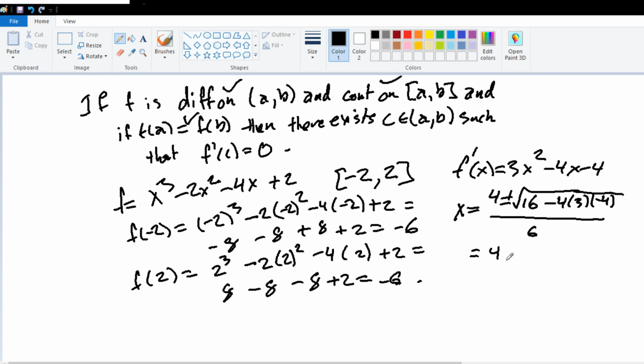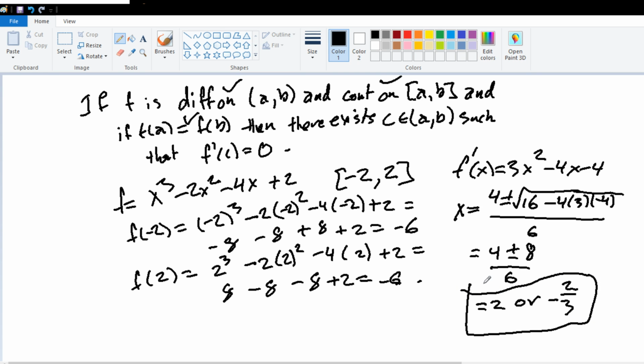Well, this is 4 plus or minus, so we get 4 times 3 is 12, times 4 again is 48, the two negatives cancel, 48 plus 16 is 64, square root of 64 is 8 over 6, so we get 4 plus 8 over 6 is 2, and 4 minus 8 over 6 is negative 4 over 6, which is negative 2/3.